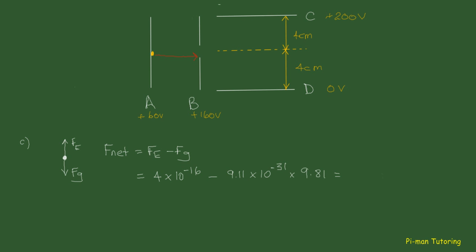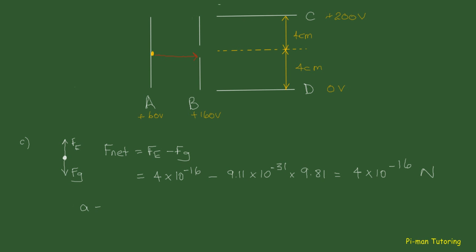And of course, since the order of magnitude for this gravitational field portion of the equation is so many orders of magnitude smaller than the electric force, the answer is basically the electric force, newtons.